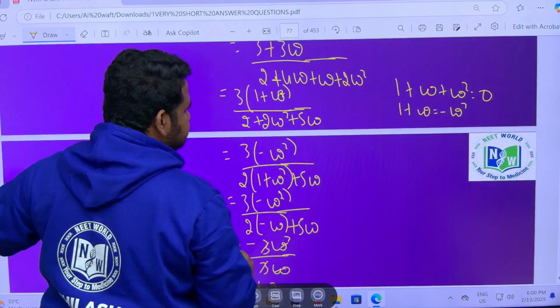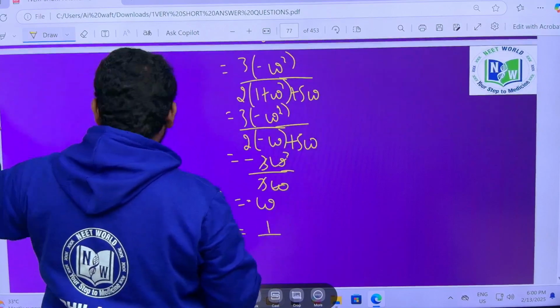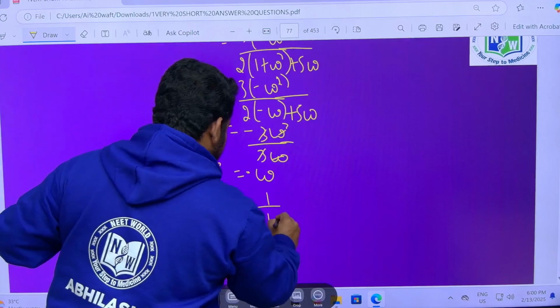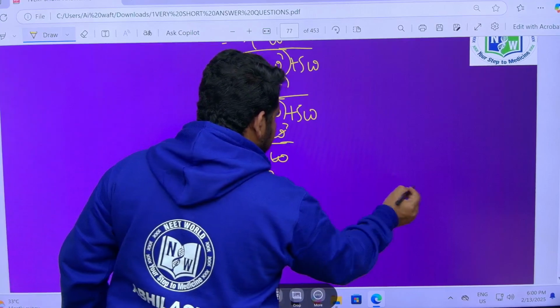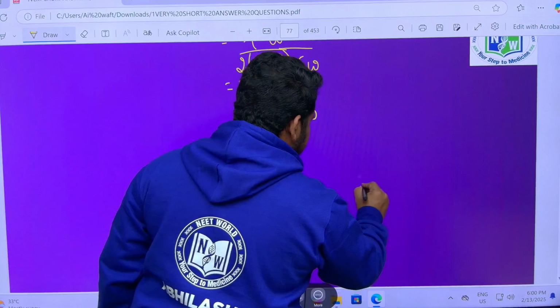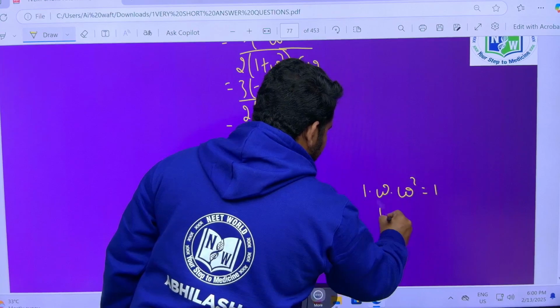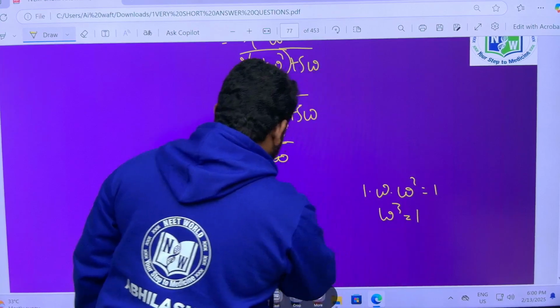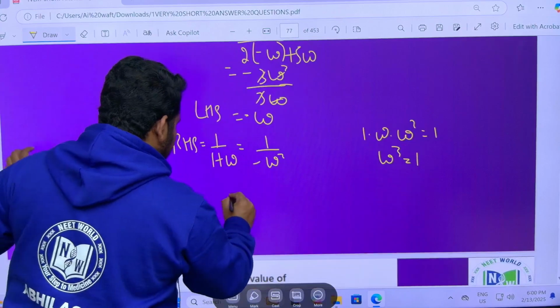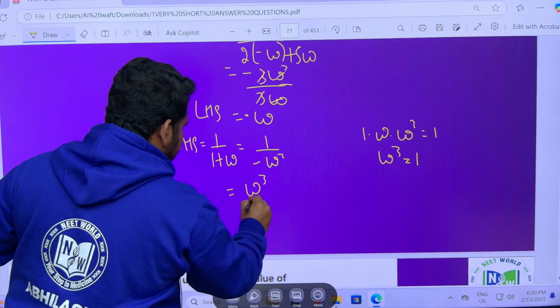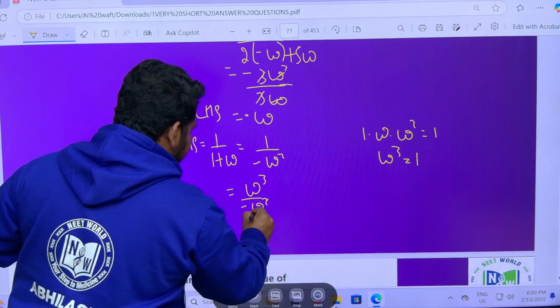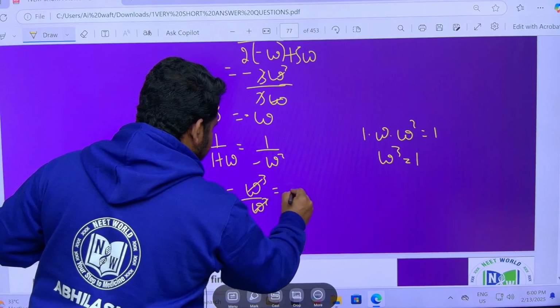And we also know that by product of cube roots of unity, omega cube is equal to 1. So here wherever 1 is there I can write it as omega cube by minus omega square. Omega cube I can cancel, so I will be left with only minus omega.